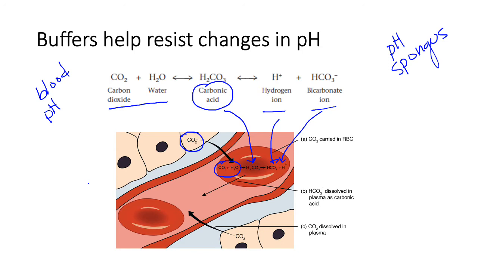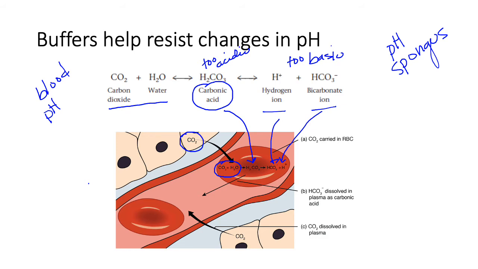What's important is that this is actually going to help our body regulate pH. If our blood pH becomes too basic, carbonic acid will separate into these two ions, but the reverse can also happen: if we become too acidic, it can reform into carbonic acid.